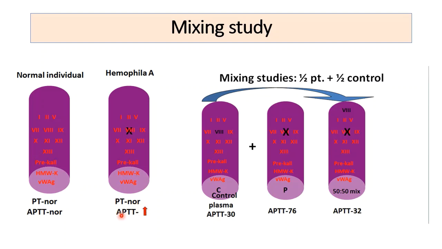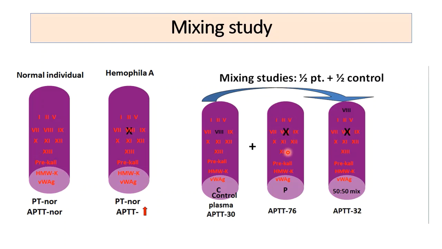Now if I take a 1:1 mix of equal parts of the normal plasma from the normal individual and from this hemophiliac and mix it, so half patient with half control, the factor 8 that was present in the normal individual will now correct the APTT in the patient who had factor 8 deficiency.